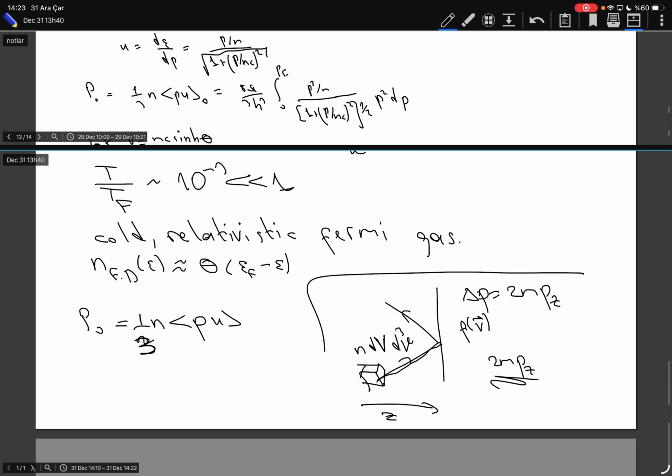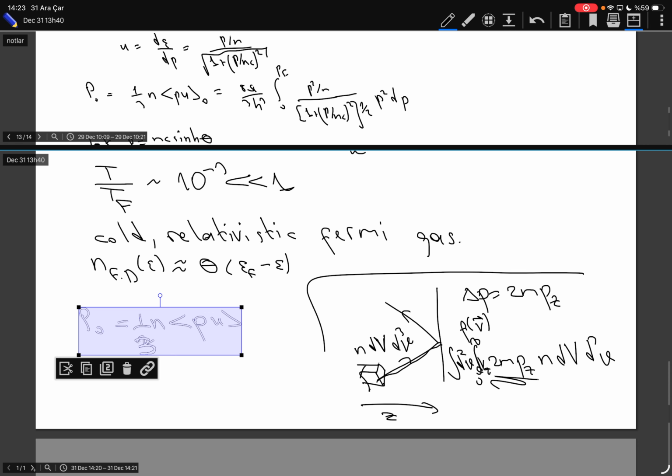So I just need to multiply this one, n times f times d cubed v, and sum over all v. Of course, dv_z should be from 0 to infinity. If you review that derivation, this is what we obtain at the end.